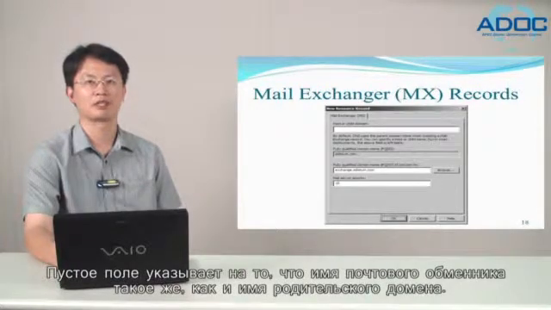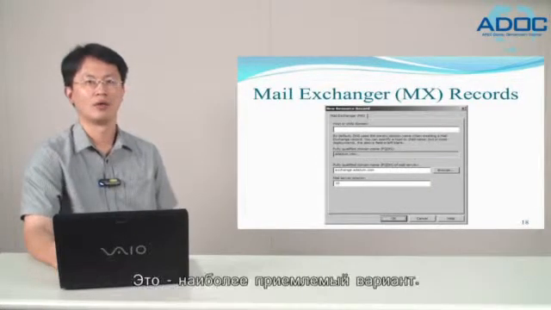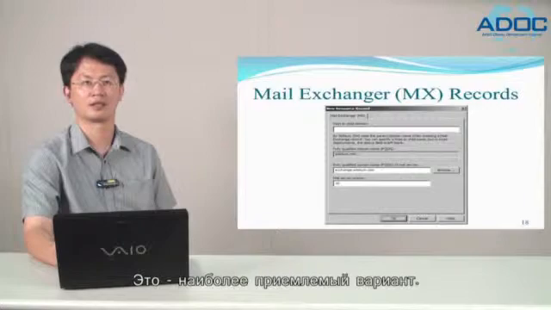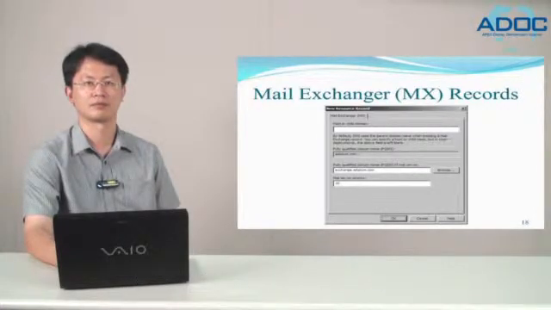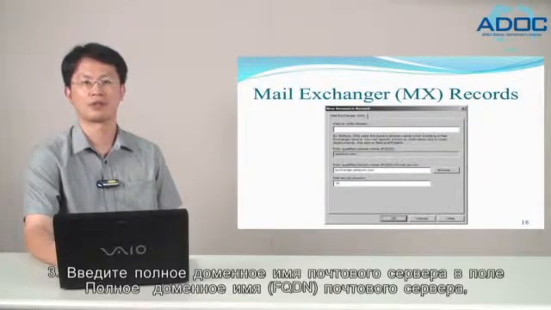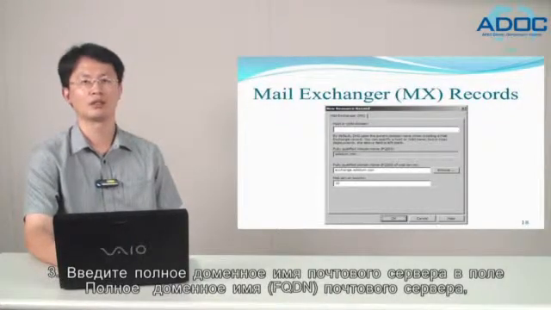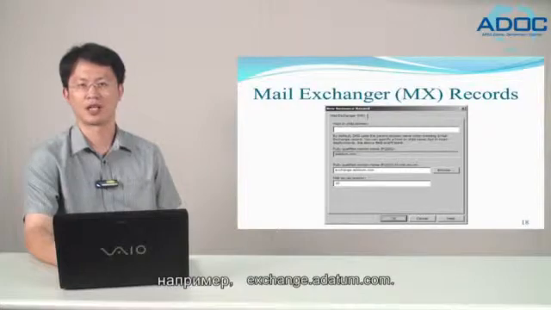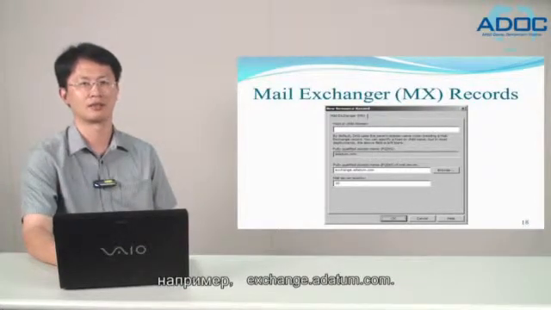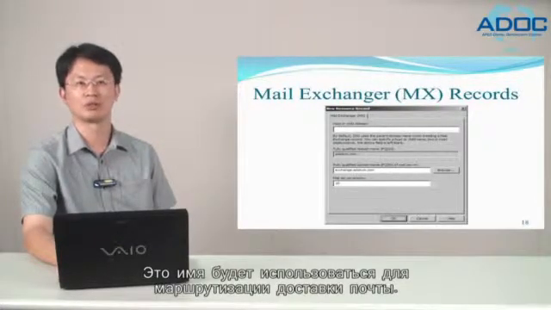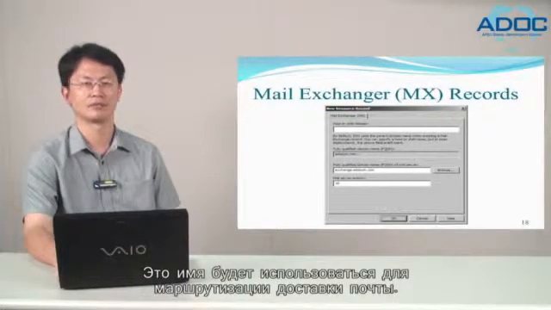A blank entry specifies that the mail exchanger name is the same as the parent domain name, which is typically what is desired. Type the FQDN of the mail exchanger server in the fully qualified domain name (FQDN) or mail server box, such as exchange.adaton.com. This is the name used to route mail for delivery.